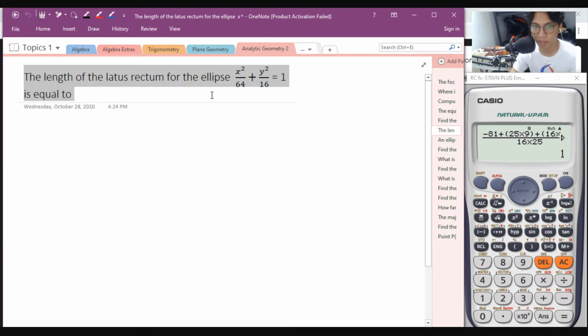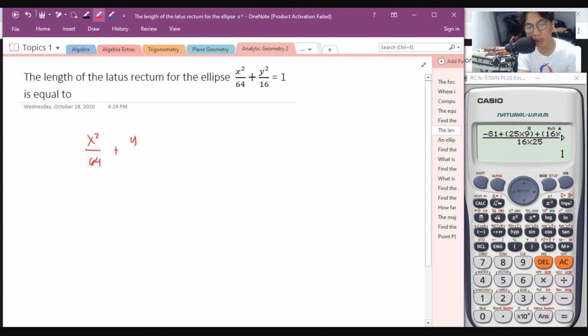Next problem. The length of the latus rectum of the ellipse is equal to, this is basic, let's solve it again. By inspection, x squared over 64 plus y squared over 16 equal to 1. By inspection, we can see that the center is at (0, 0).